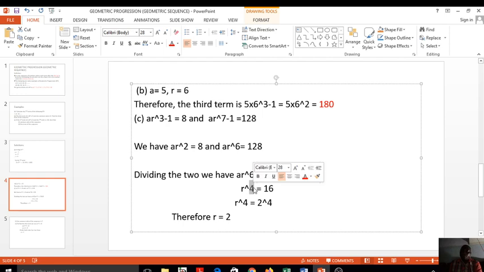This is achieved by taking 2 to the power 4, because 2 times 2 times 2 times 2, four times, gives 16. Because the powers are the same, power 4 here and power 4 there, the bases are also supposed to be the same. That's why r is equal to 2. Therefore, our common ratio is 2.